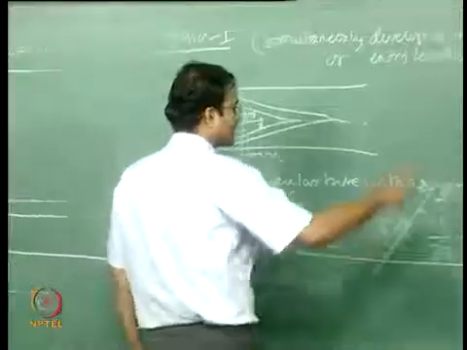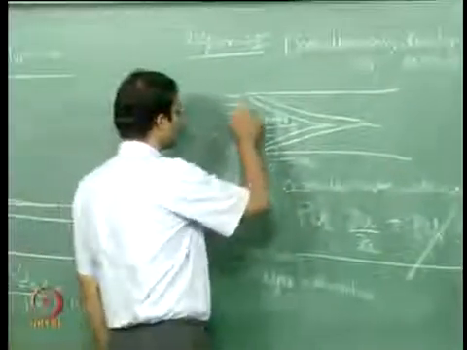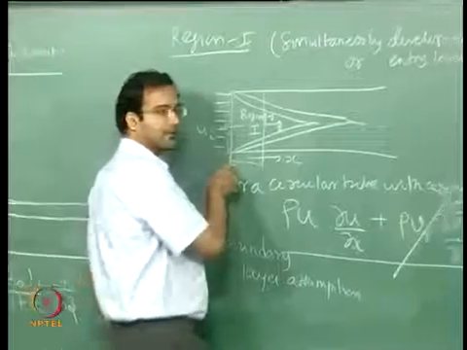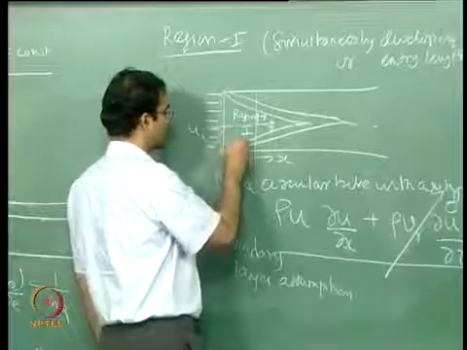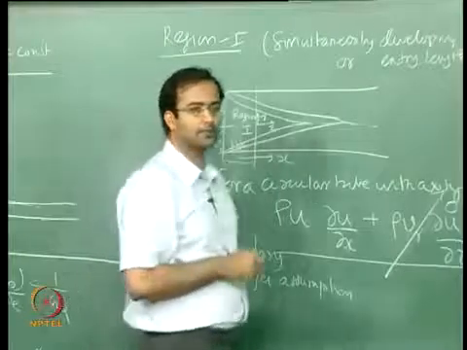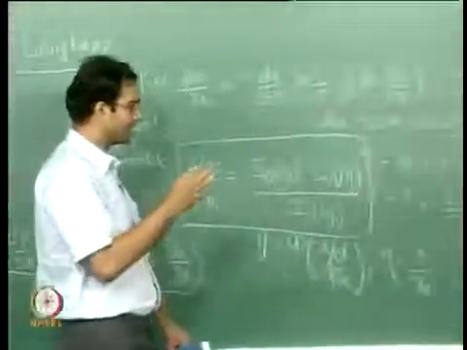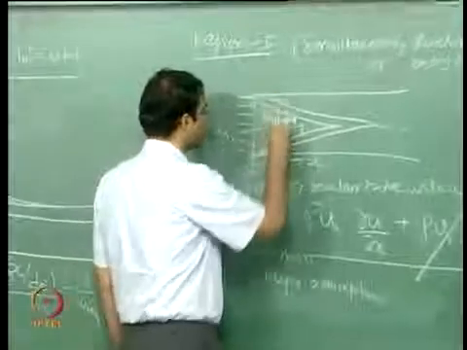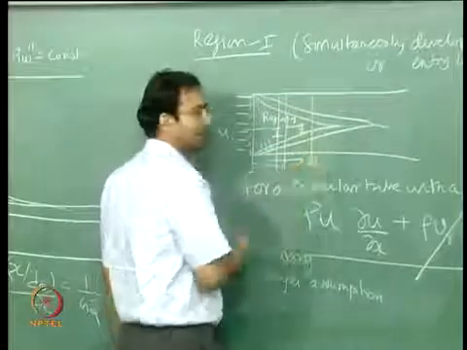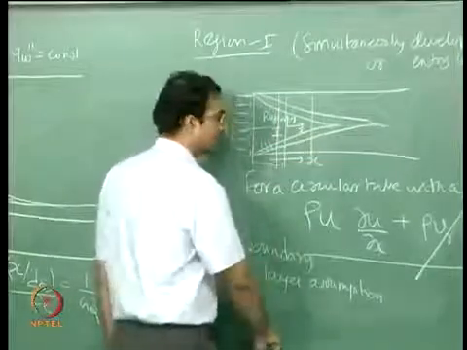So this is not a very good assumption when you go too close to x equal to 0, because here you have strong radial components of velocity which are entraining. Okay, so this is valid somewhere intermediate, somewhere maybe from here to here. Nevertheless it's a reasonable assumption.